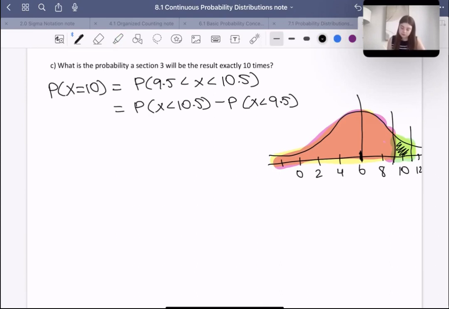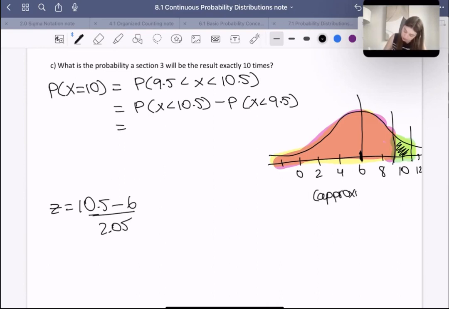Good. So let's see. What are our z-scores? Well, our z-score for 10.5 is 10.5 minus 6 over 2.05. And I'll put in brackets, this is an approximation. I mean, this whole thing is an approximation, but this is an approximation. I didn't really properly do the 2.05, I just rounded to 2 there. This is going to equal 2.2.